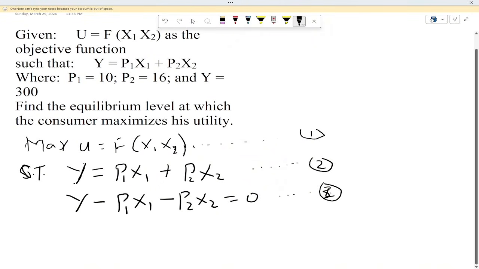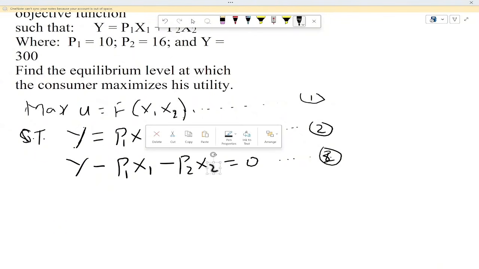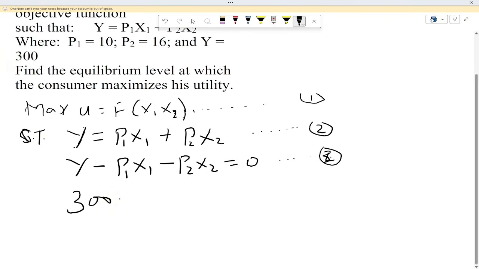Then you can impute the values that you got for p1, p2, and y. So y is 300 minus p1 is 10, that makes it 10x1, minus p2 is 16, that is 16x2 equal to 0. This is now your equation 4.